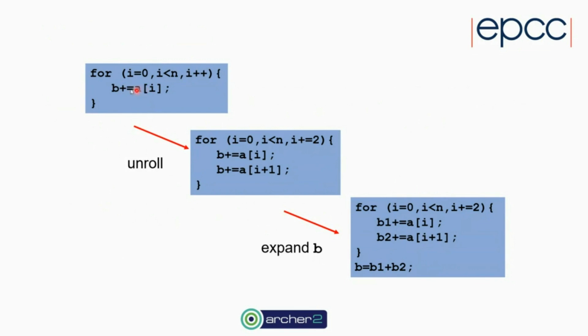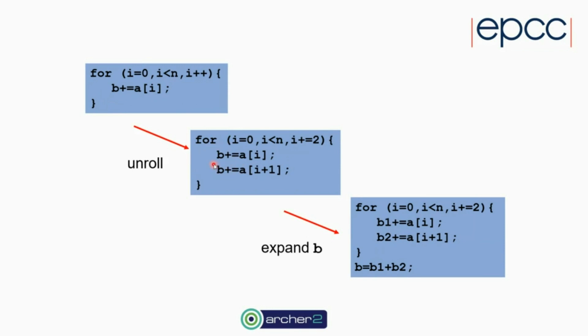So by the end, B will be the sum of the whole array A. This is fine, but you can see that each iteration of the loop is dependent on the previous one. So B at I equals 1 depends on what B was at I equals 0, and so on and so on. So the compiler won't easily unroll this loop, because we have these dependencies.